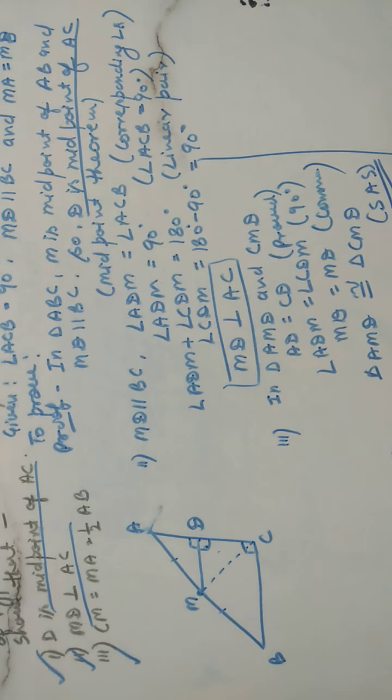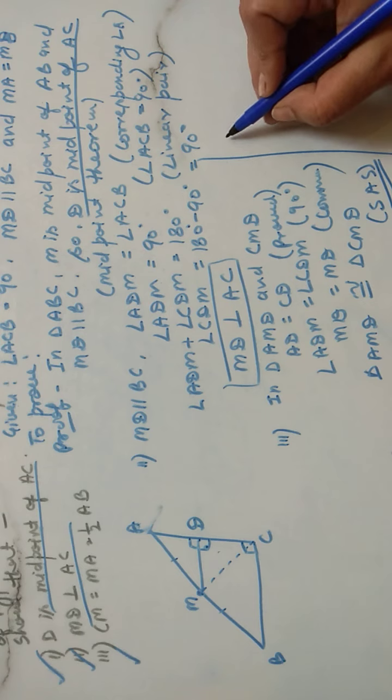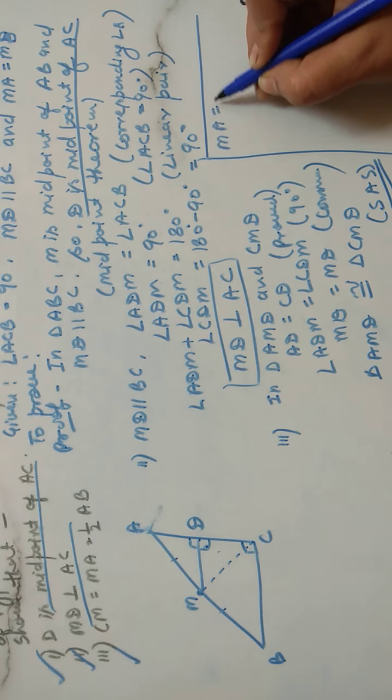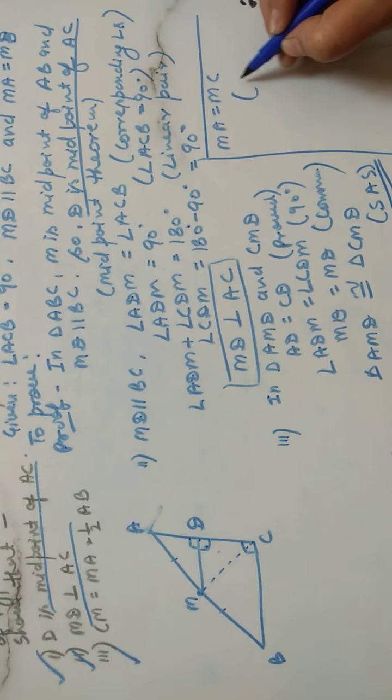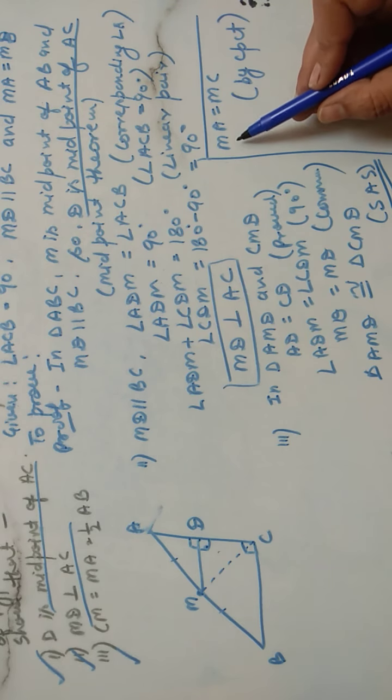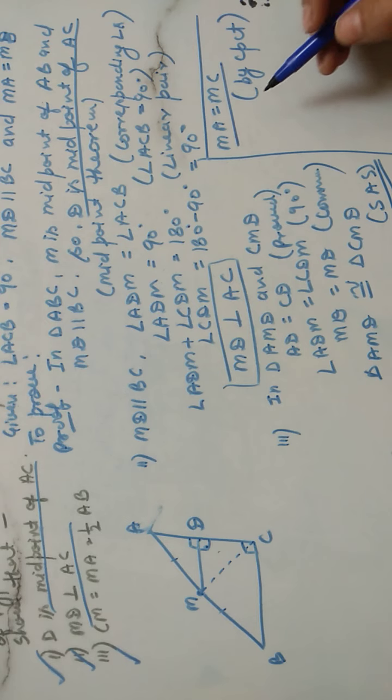You have to write that by this criterion these two triangles are congruent. Now, once these two triangles are congruent, the remaining parts are equal. What are the remaining parts? MA is equal to MC. Reason is CPCT. Both triangles are congruent, so the remaining parts are also equal.